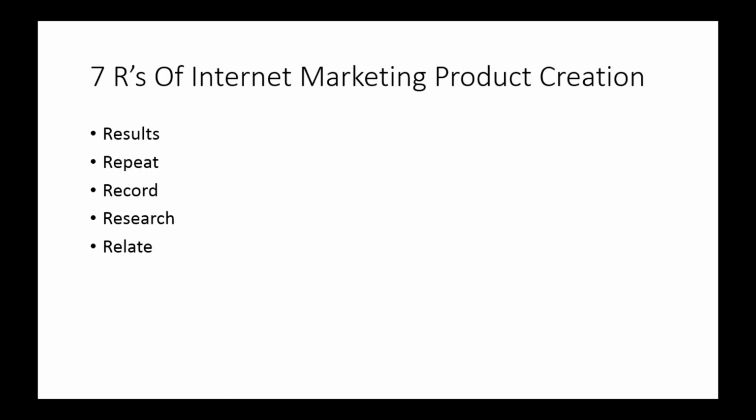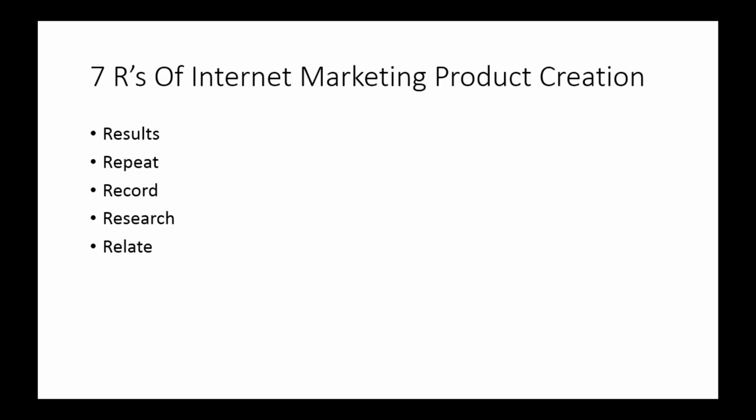Relate, right? It needs to be relevant. In other words, your product should really be something that touches on something that people are actually doing. So it isn't something that's obscure. It's something that is directly relatable to what they're doing. So if you're doing a method, it should be very relevant to people in a certain niche.